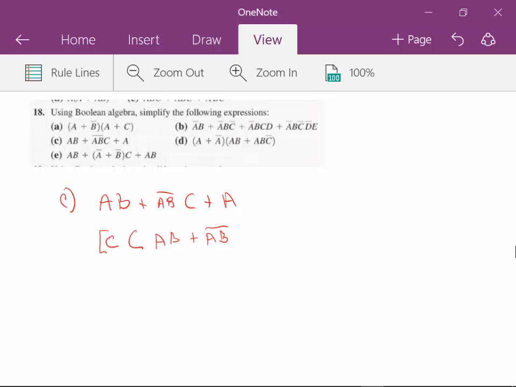Yeah, no, I can't combine the first 2. What am I doing here? Well, actually, yeah, this is C right there. I guess I do have to go through and expand them right there.